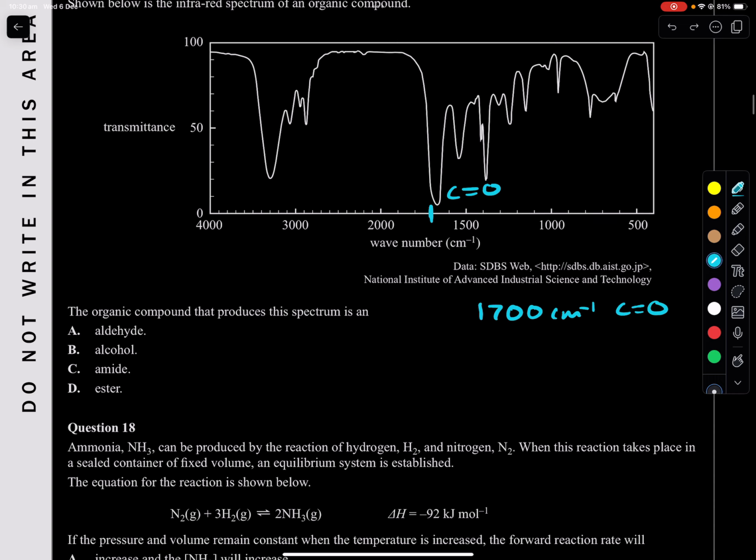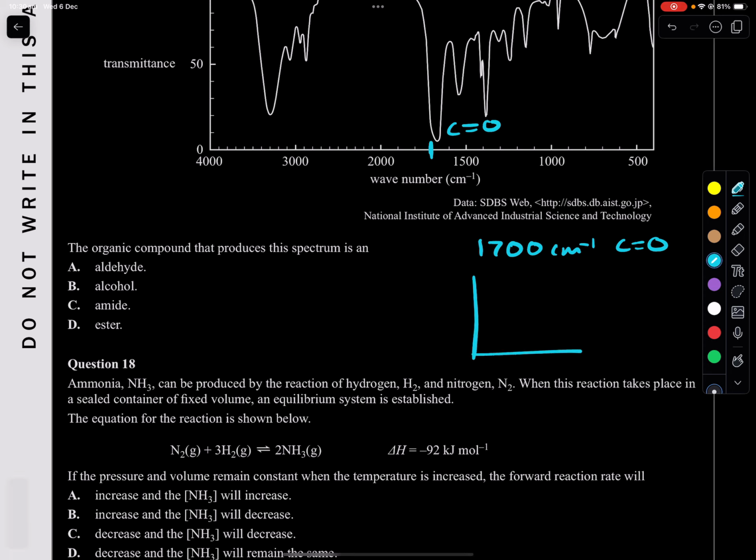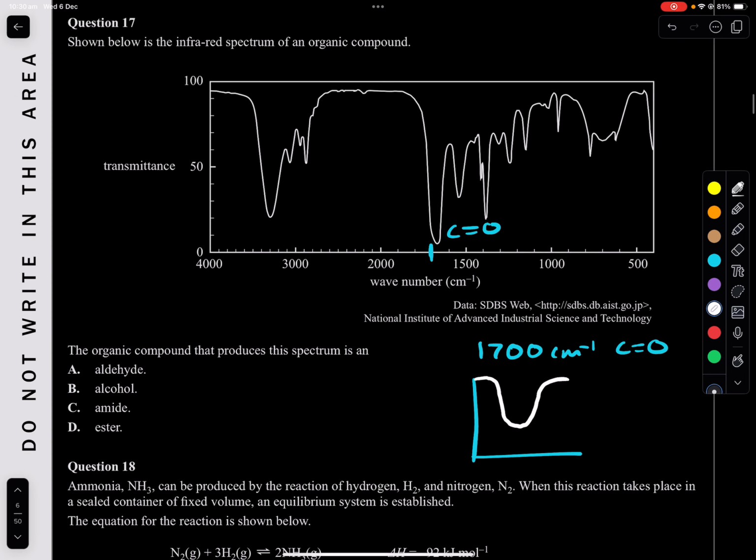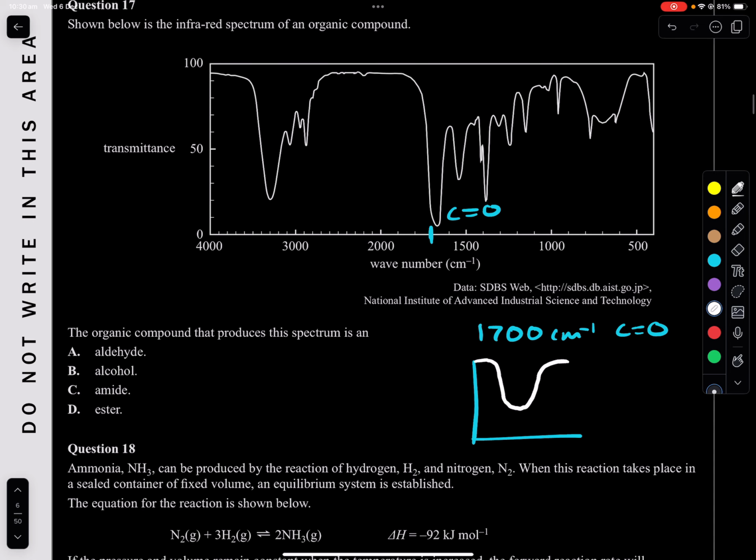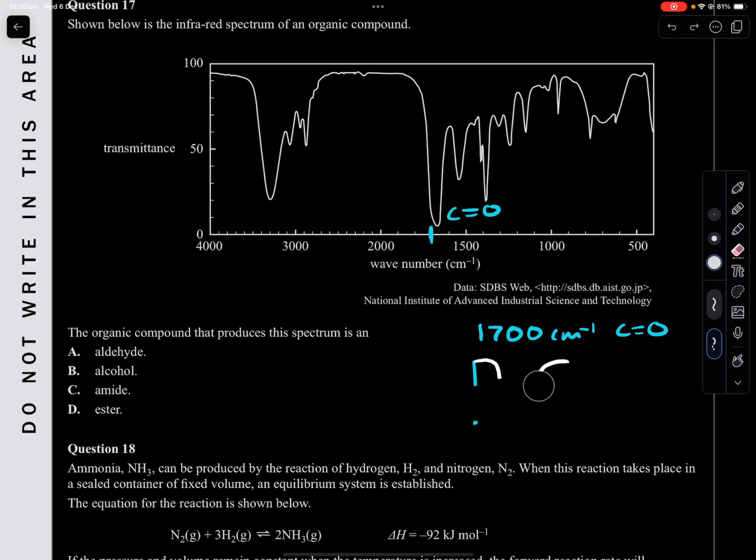If you have a medium, broad, thin peak, just a medium transmittance, and it's on the left side, it's like 99% NH. It's going to have that group, NH.